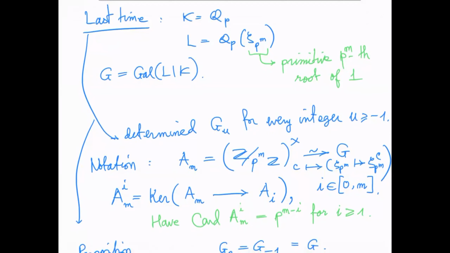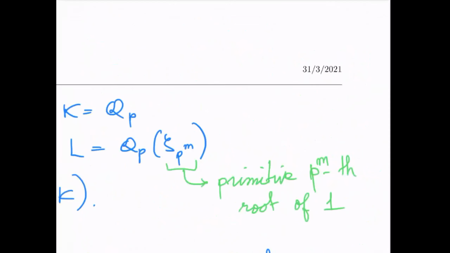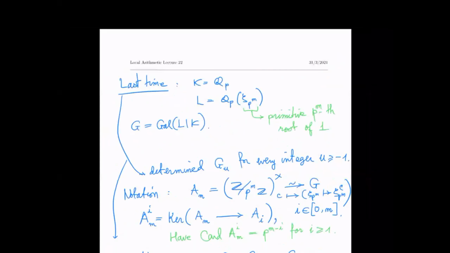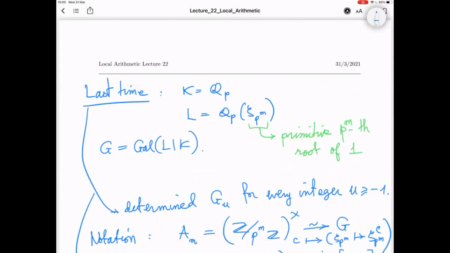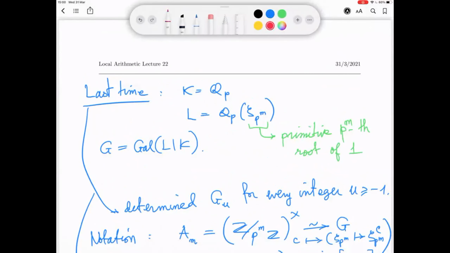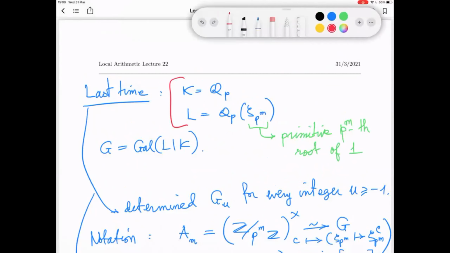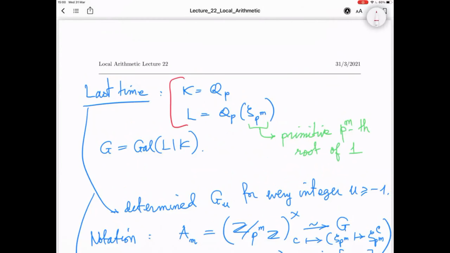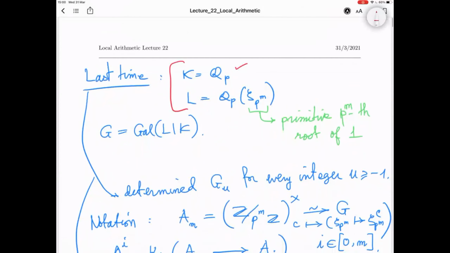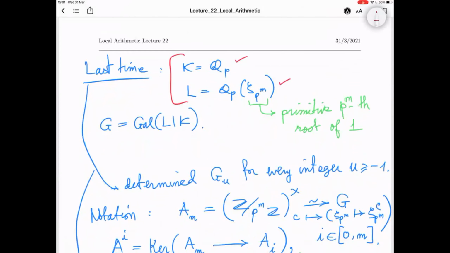And maybe we had not determined the upper numbering for this extension L of k, where k is Q_p itself and L is obtained from k by adjoining a primitive p^m-th root of unity. So m, of course, is some integer greater than 1.